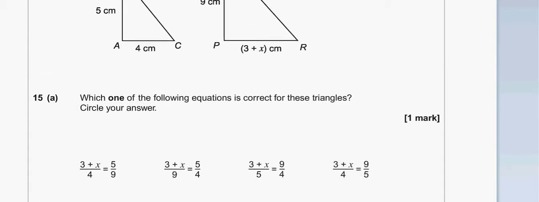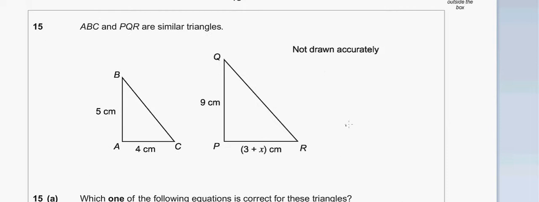So there's a couple of ways of doing this. This in relation to this is the same as this in relation to this. Okay, so this over 9 is the same as 4 over 5.